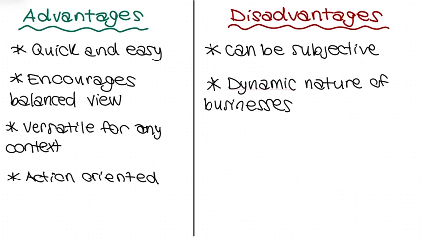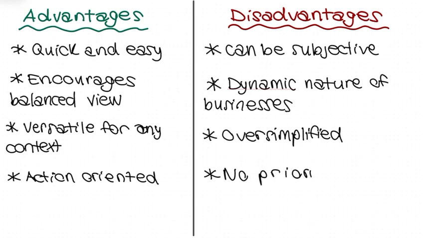And SWOT analysis can often be oversimplified. Cramming everything into 4 boxes can miss nuances like interconnected factors. It simplifies complexities. And lastly, no prioritization.